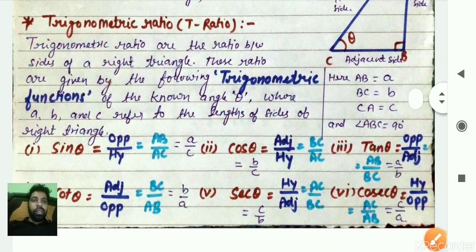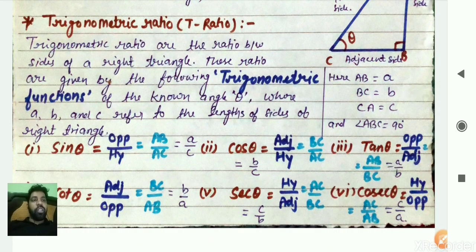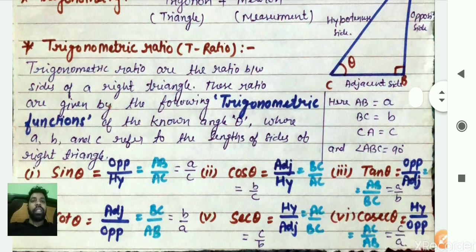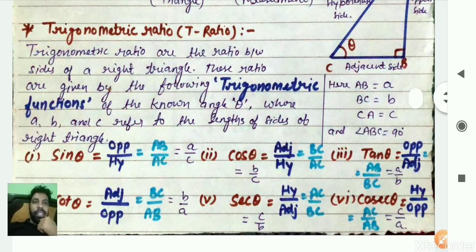Next, we have trigonometry ratios. Also, I have initially represented side AB of this triangle by a, BC by b, and CA by c, where in triangle ABC, angle ABC is equal to 90 degrees. So let us discuss the T ratio now. What is T ratio?